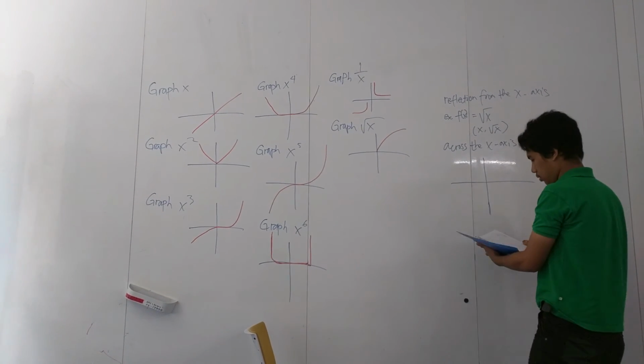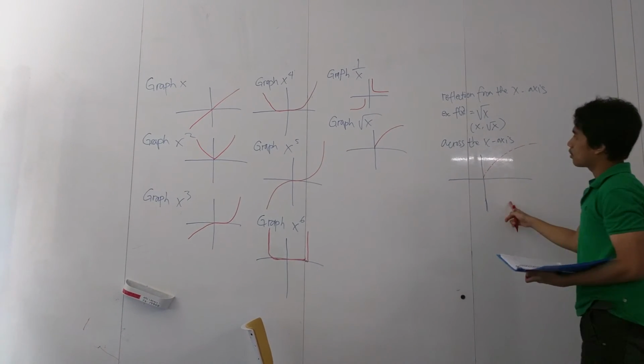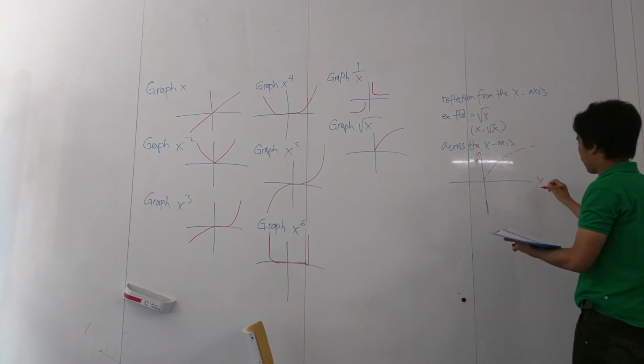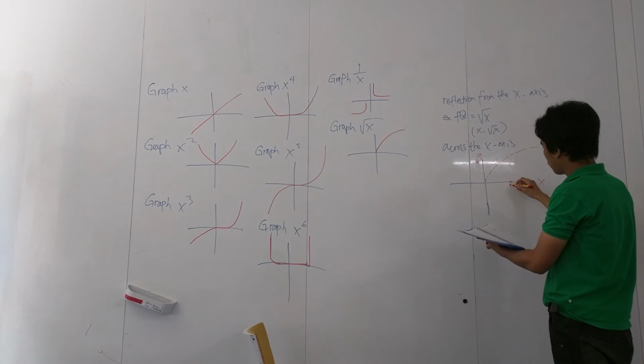So it will be like this, right? It's the graph of the square root of x, this is y, this is x. For example, this is x1.